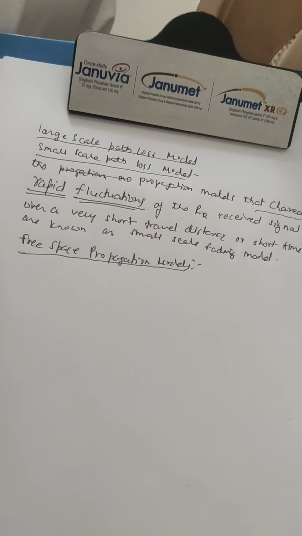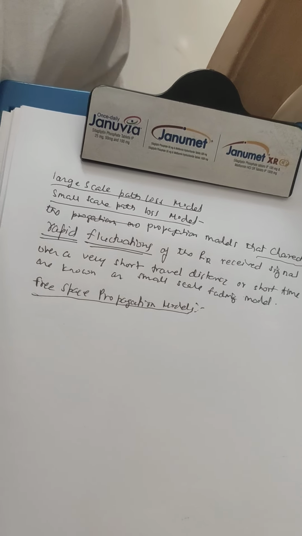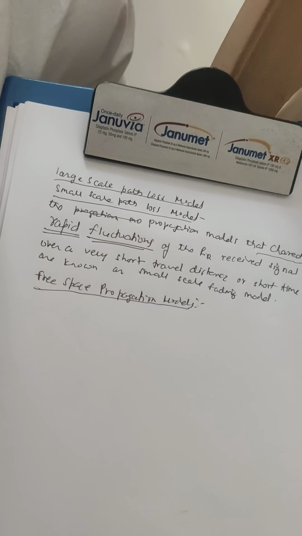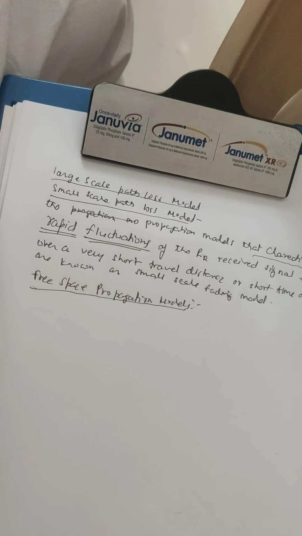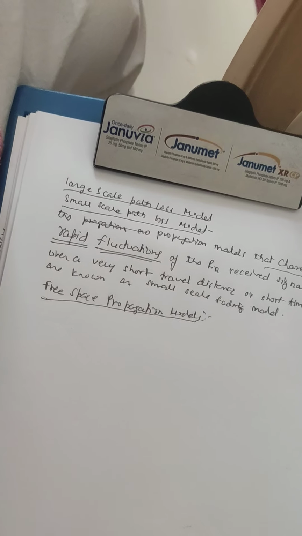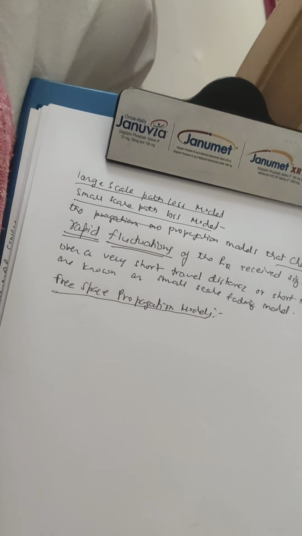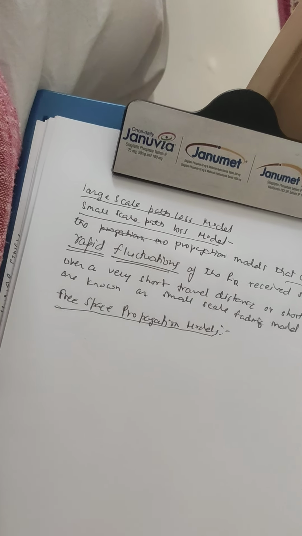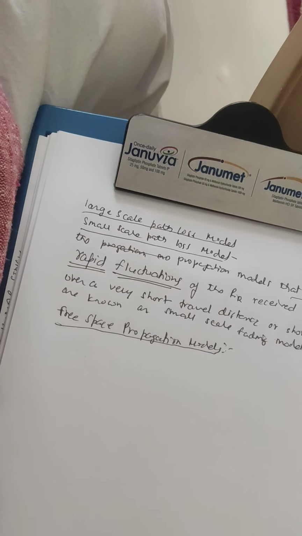So they reach within the same predictable time and follow the line of sight between the transmitter and receiver. If this happens, then we can say free space propagation is taking place.